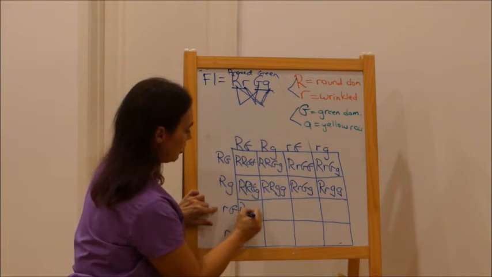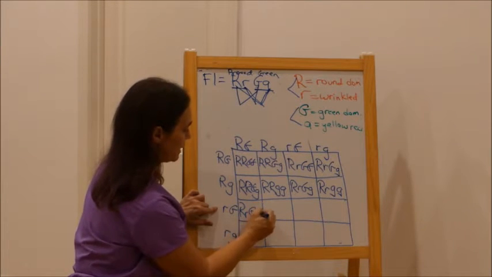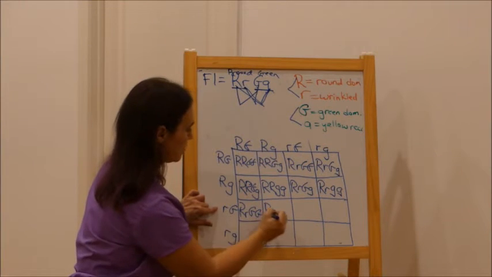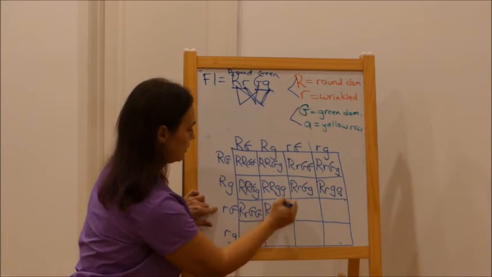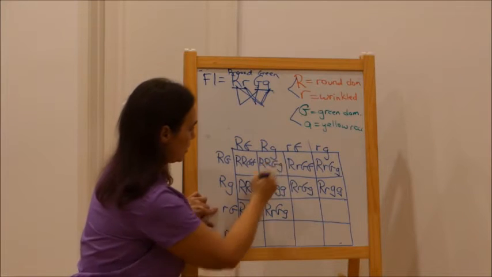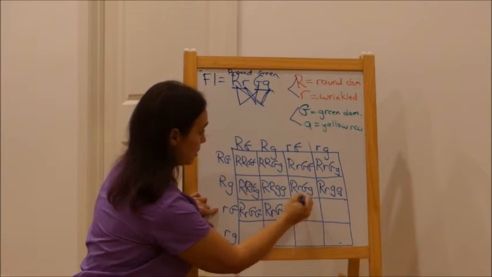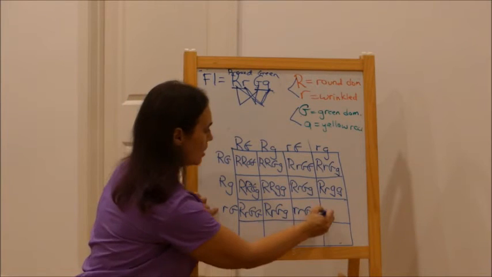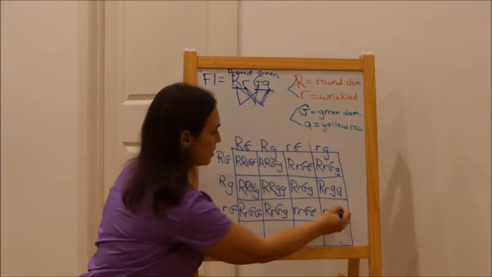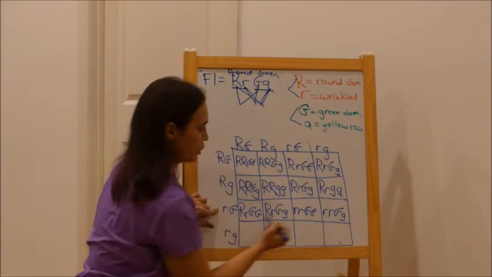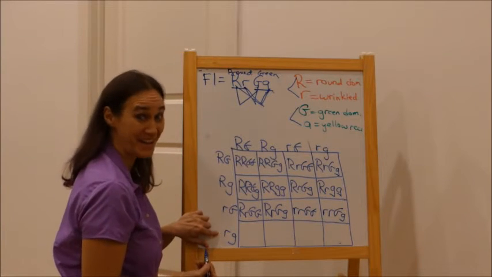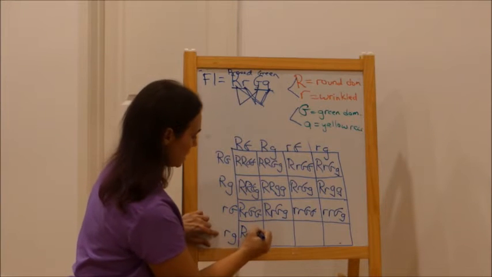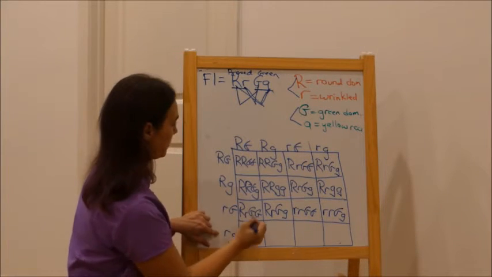Okay, capital R, lowercase r, capital G. Okay, capital R, lowercase r, capital G, lowercase g. Lowercase r, capital G. Lowercase r, capital G, lowercase g. Last one. All right. Capital R, lowercase r, capital G, lowercase g.